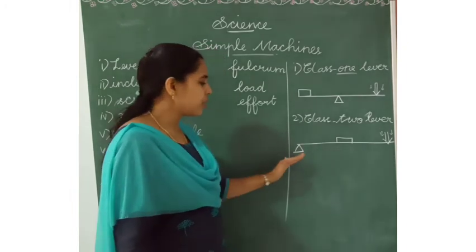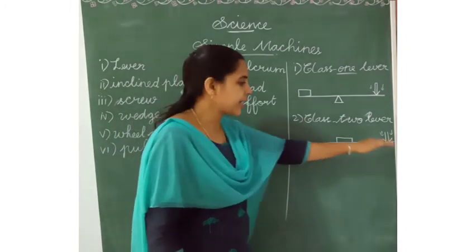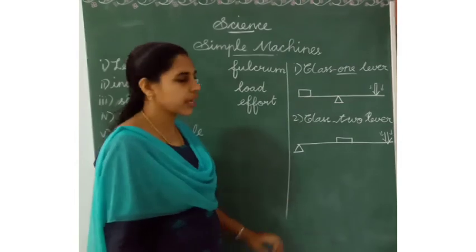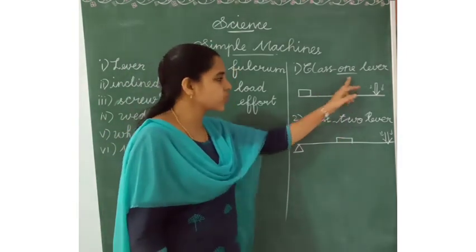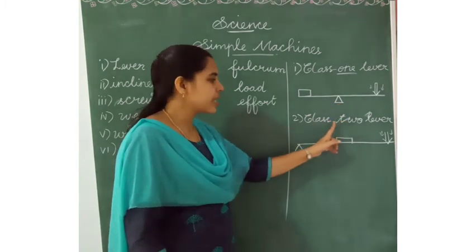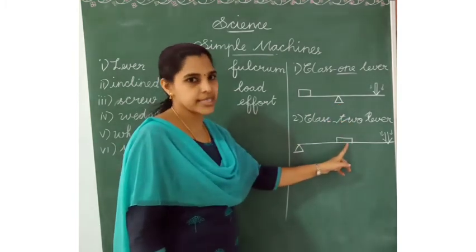This is the lever. The fulcrum is at one end and the effort is at the other end. You only change the middle part. In class 1 lever, the fulcrum is in the middle. In class 2 lever, the load is in the middle.